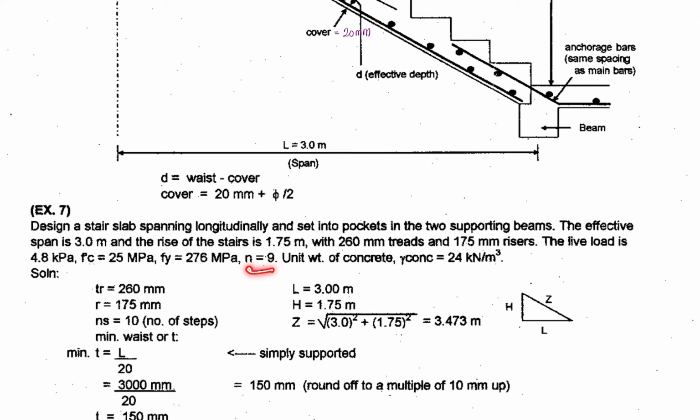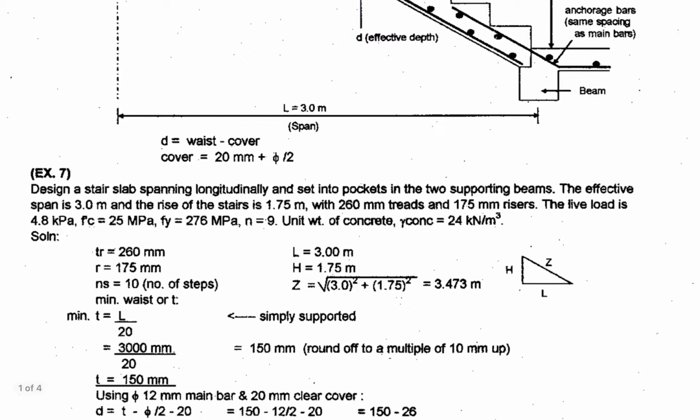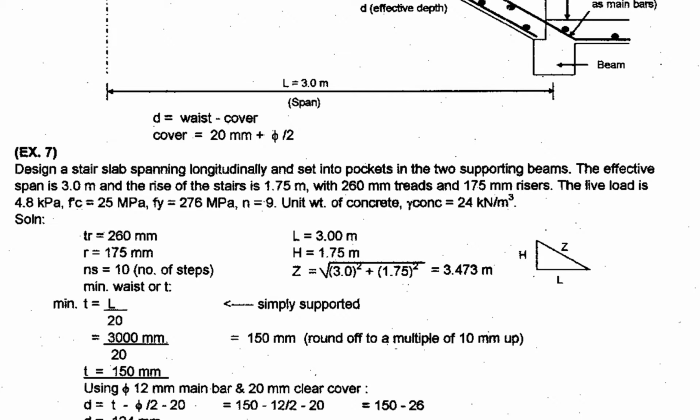Then modular ratio N is 9, and then use the unit weight of concrete, which is 24, not 23.54. So you will use 24. Okay, so solution of this problem. You are given the tread, which is 260, the riser of 175, and the number of steps is 10.